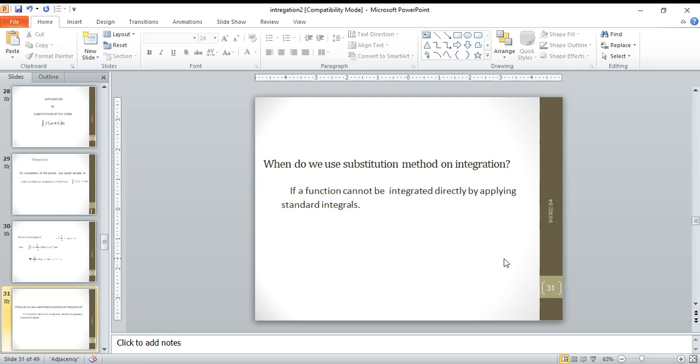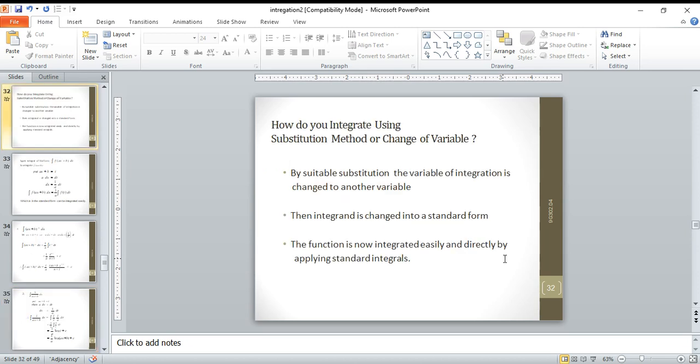We use the substitution method in integration when a function cannot be integrated directly by applying standard integrals. How do you integrate using the substitution method, or change of variables?